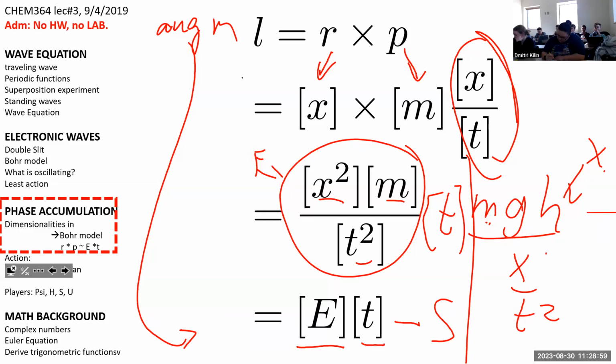On the other hand, through this exercise, we see that action that accumulates along the trajectory also defines the phase of the wave function. So action defines the phase of the wave function. And then if we dive into this little exercise, we can put sine or cosine of action as an argument and it will be our electronic wave.